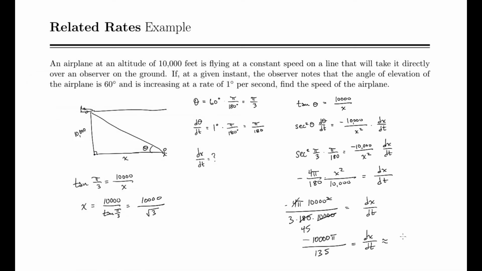This is approximately 232.7. And this is in feet per second. Of course, it's negative there just because we labeled it as the distance from there to there, which is decreasing.